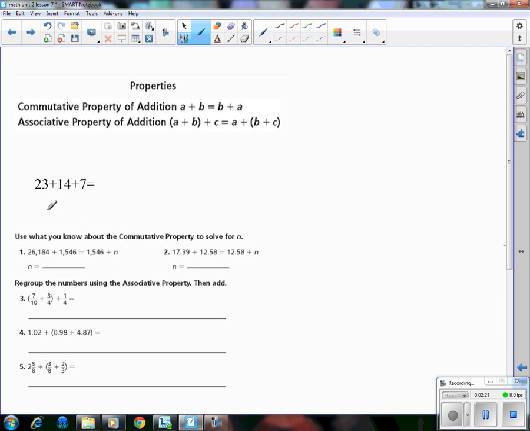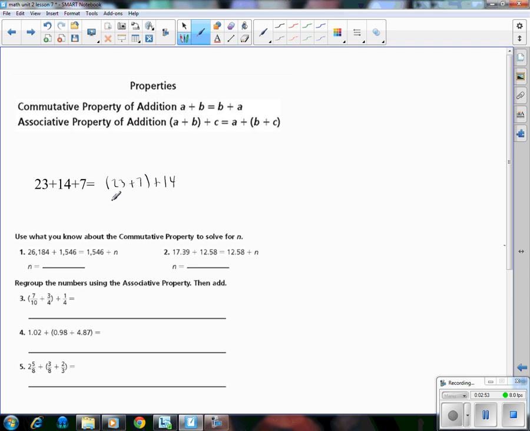So let's work out an example here to get a better idea of what that means: 23 plus 14 plus 7. If I look at this group of numbers, I see that 7 and 23 can be added together to give me 30, and I can do that using mental math. So I'm going to regroup them: 23 plus 7, and then plus my third number, 14.